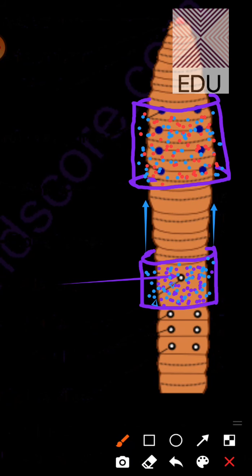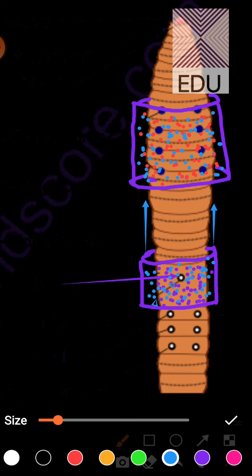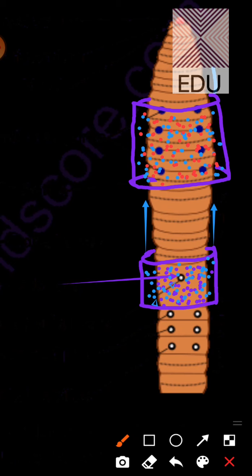So that means cross fertilization occurs in this particular egg case. And now this egg case further goes to the anterior part of the body, going for its final discharge out of this earthworm.